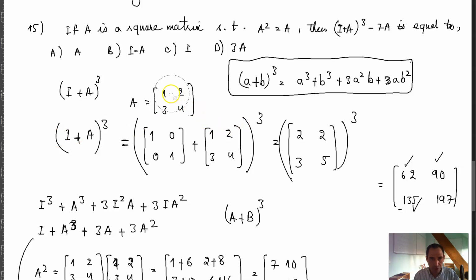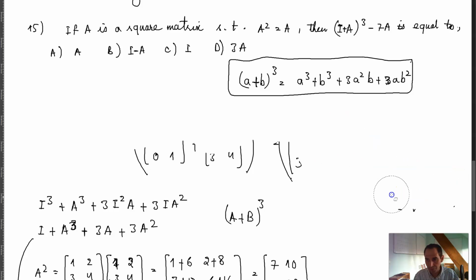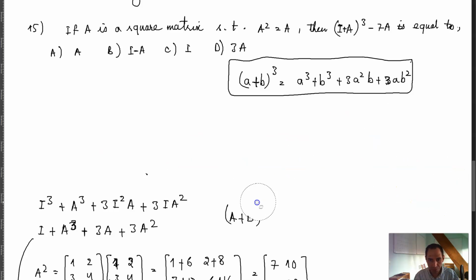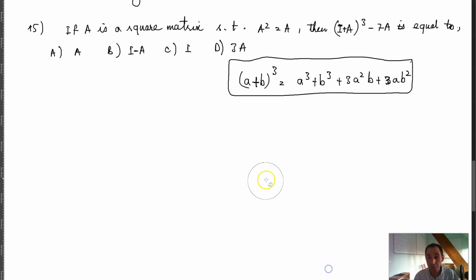So what I'm going to do is that now we know that basically a squared is equal to a, and I plus a whole cube minus 7a. We want to know what that is.